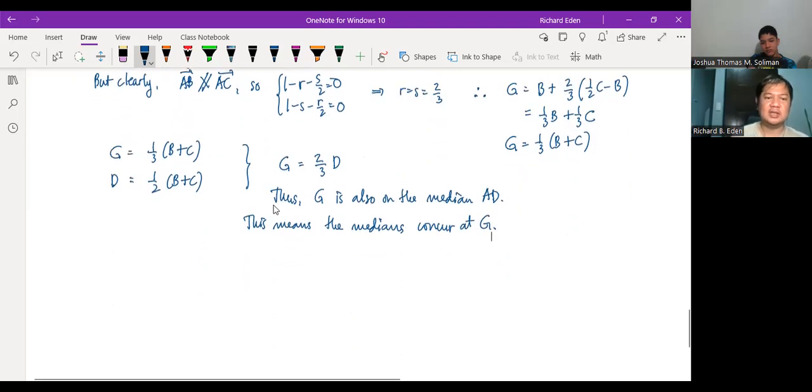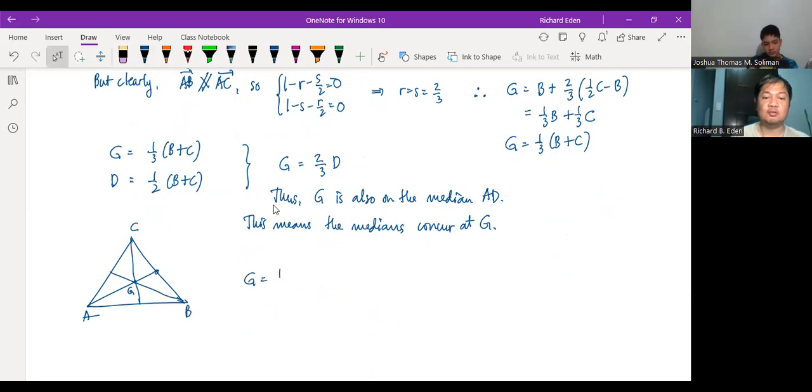So in general, if you have a triangle A, B, C, and you connect the medians, they're going to intersect at G. So it turns out that G in general is 1/3 of A plus B plus C. The reason why A doesn't appear here is because we have taken A to be the origin.